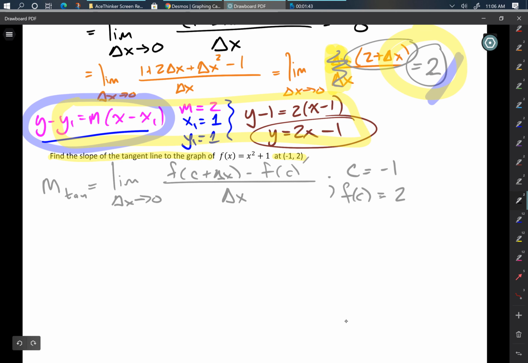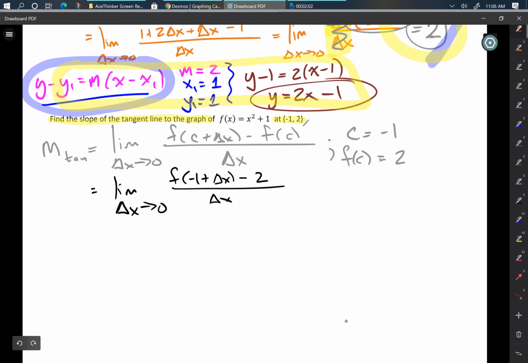Plugging everything in, I get then that we're looking at the limit as delta x approaches 0 of f of -1 plus delta x minus 2 divided by delta x. Now I'm going to do a substitution. I'm going to put the -1 plus delta x into the function.